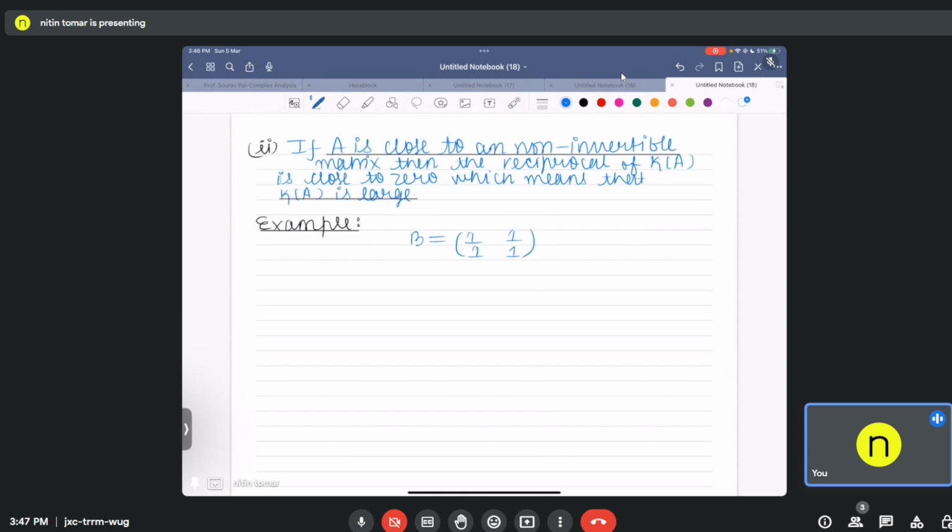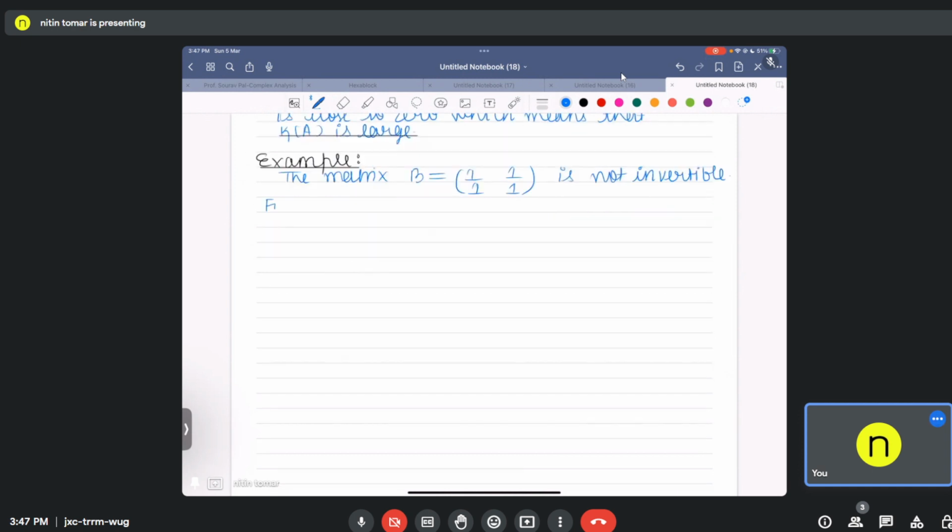No, sir. So the matrix B is not invertible. This we all know, because the determinant is 0.